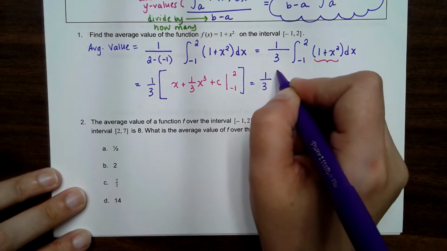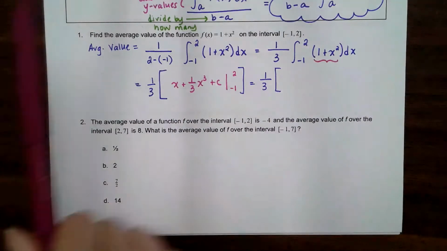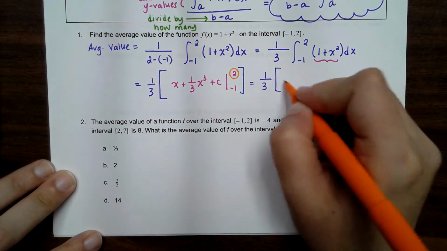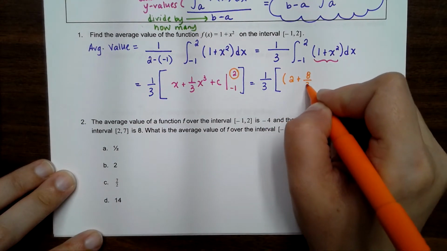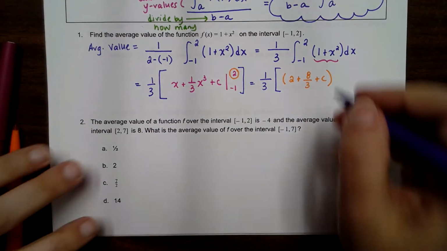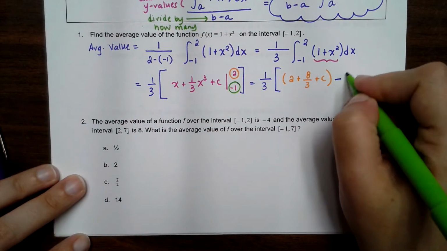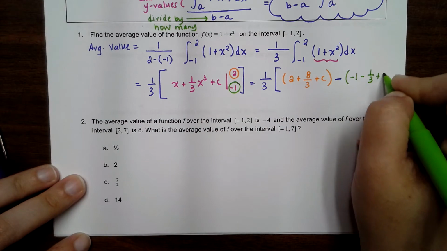So I'm going to have 1/3 times, if I plug in the 2 first, 2 plus 8/3 plus c, minus, and then if I plug in the negative 1 second, negative 1 minus 1/3 plus c.